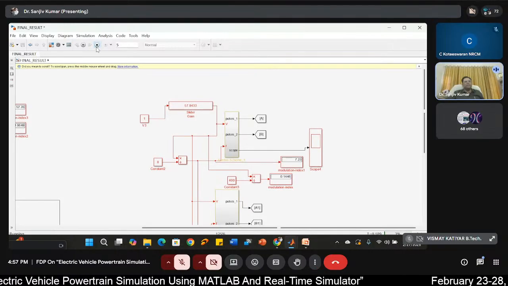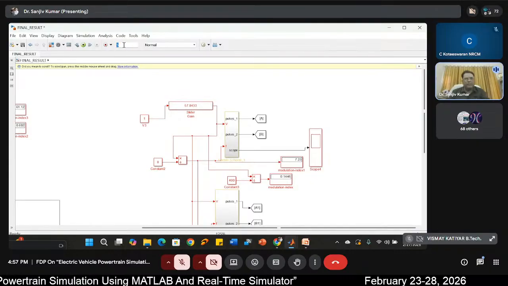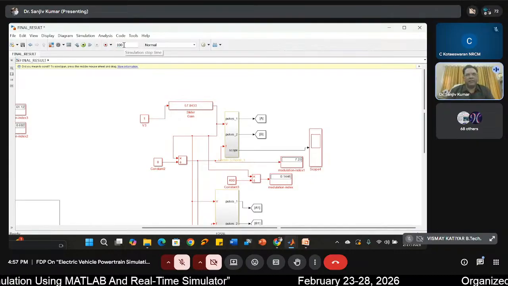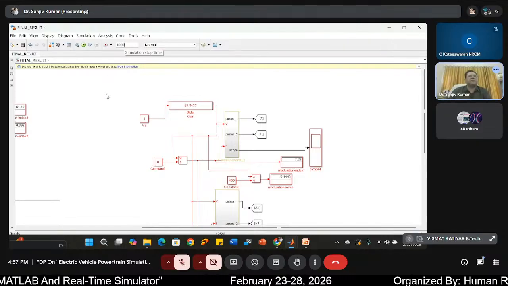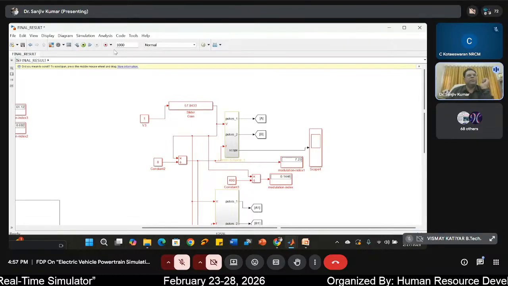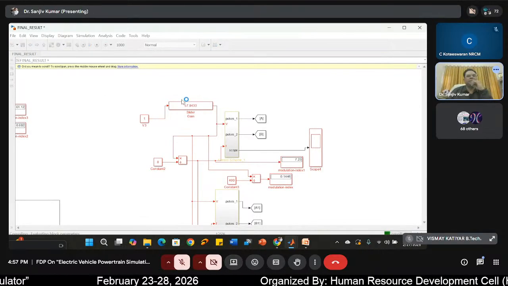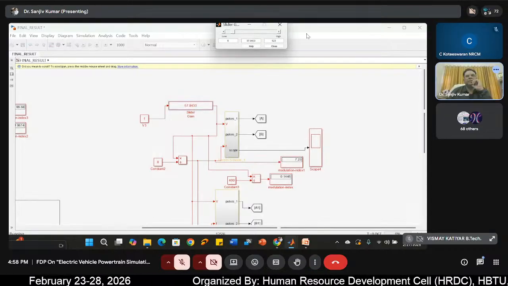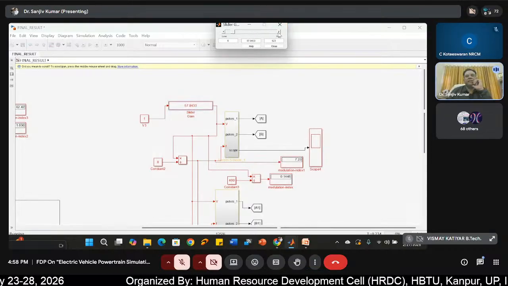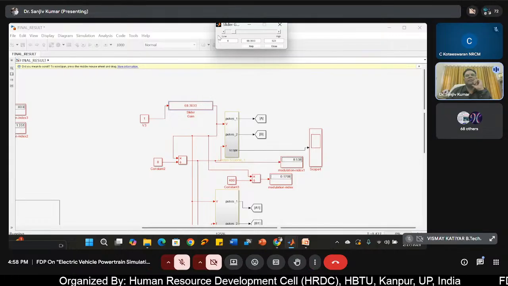I also made this a little bit lengthy so that we can change the values and see the effect. Now I am changing the modulation index.